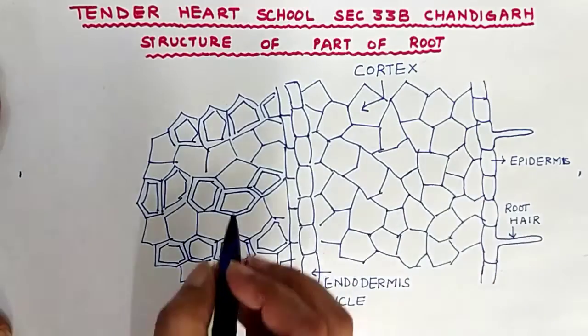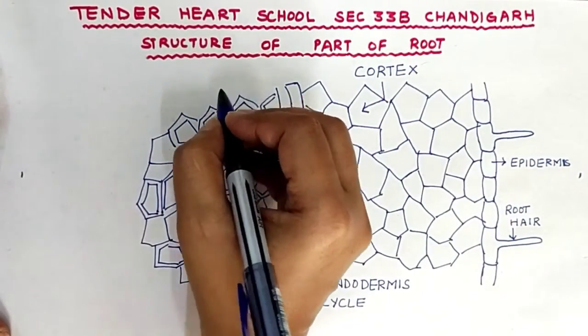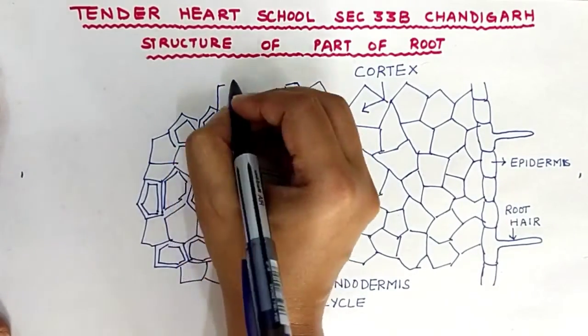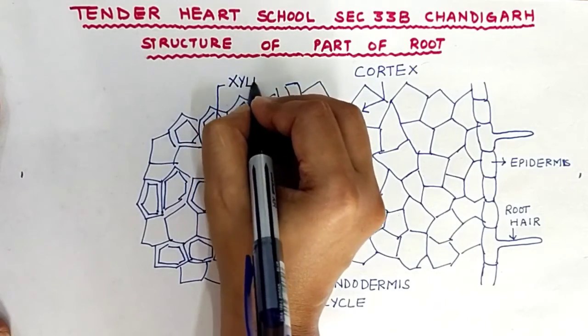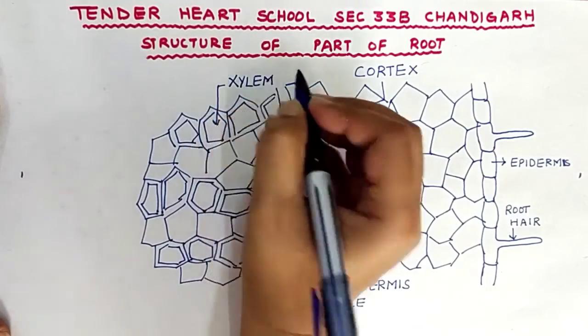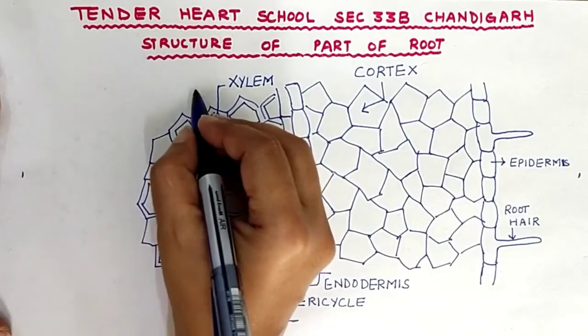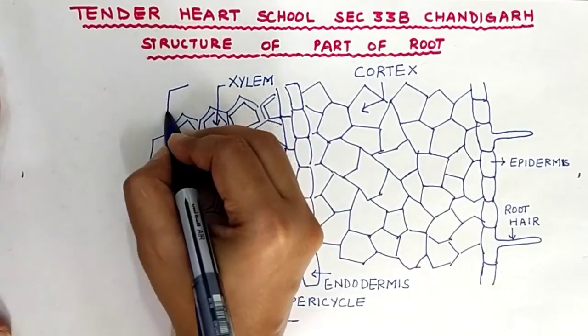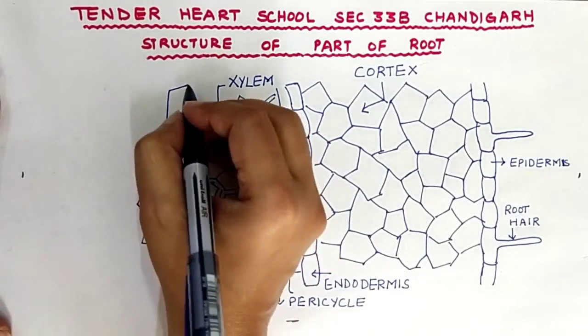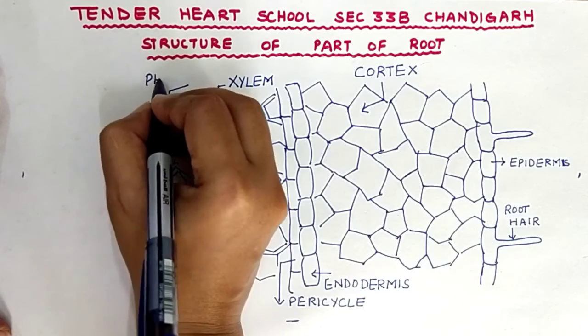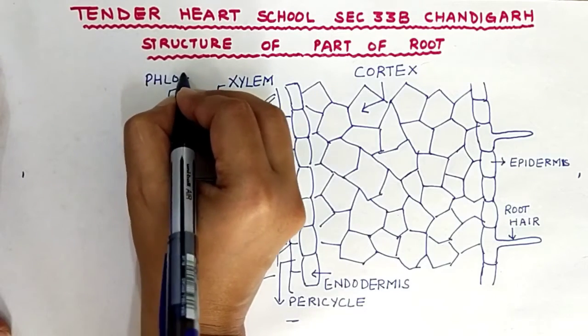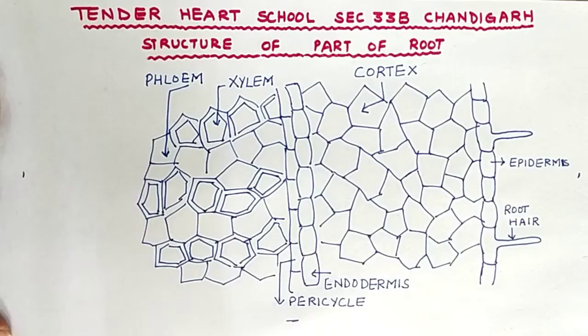So let us label it. So this is xylem, and the single walled structure, these cells, are the phloem, right?